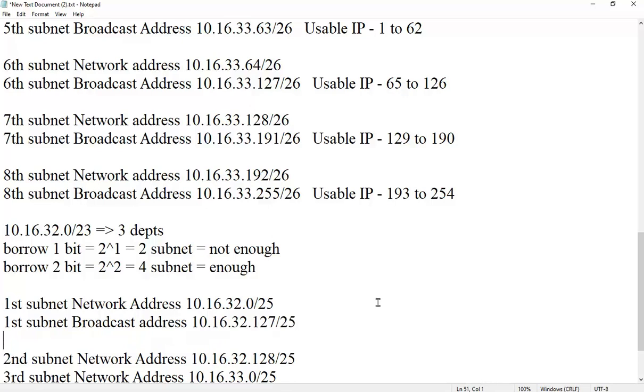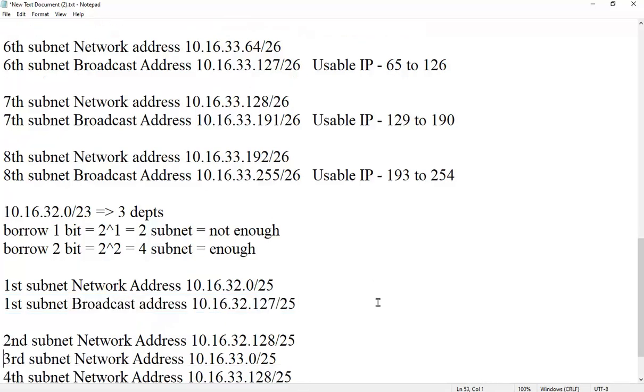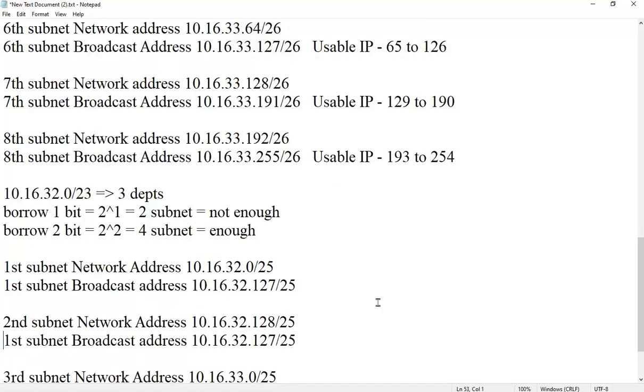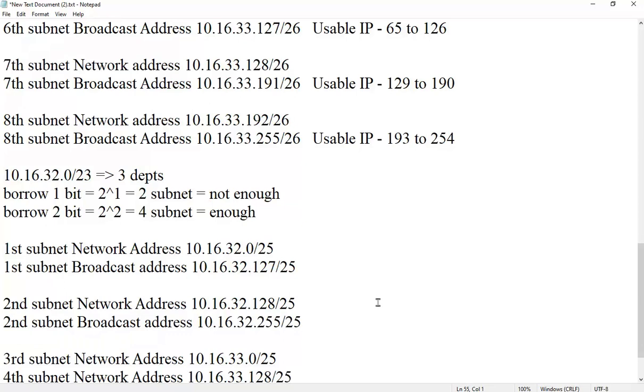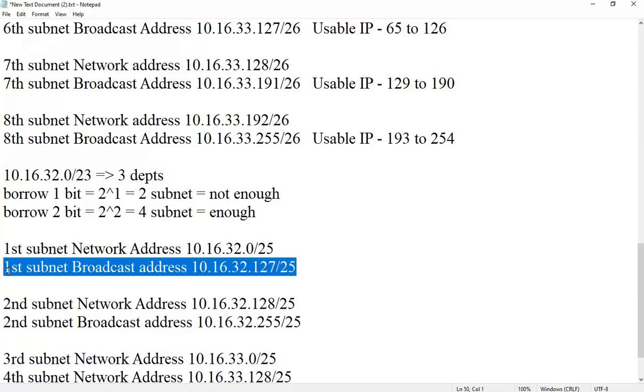This will be my first subnet's broadcast address. And the second subnet broadcast address will be 10.16.32.255 because 33.0 minus 1, we will go back to the previous value.